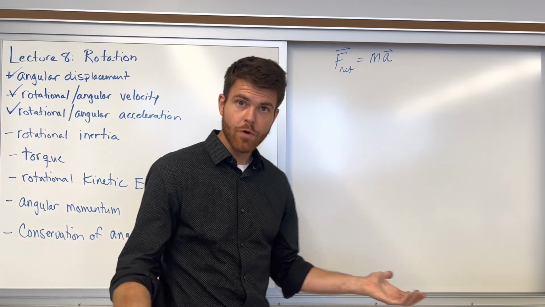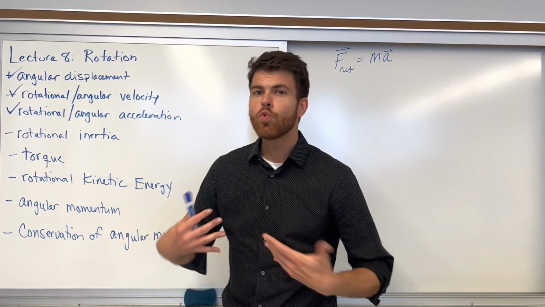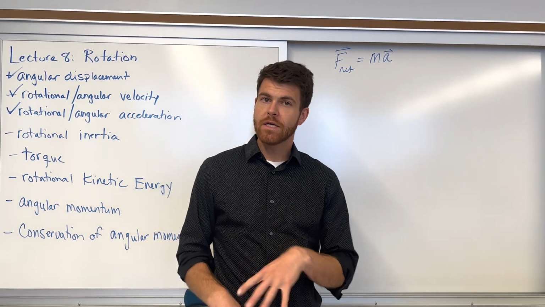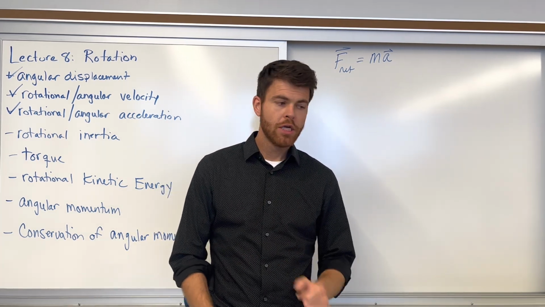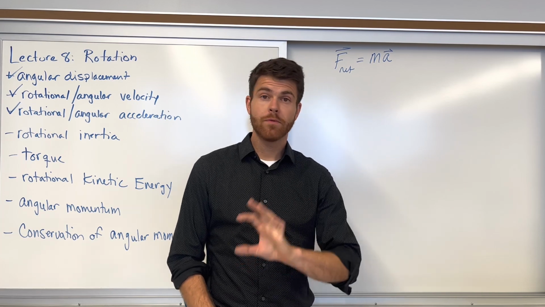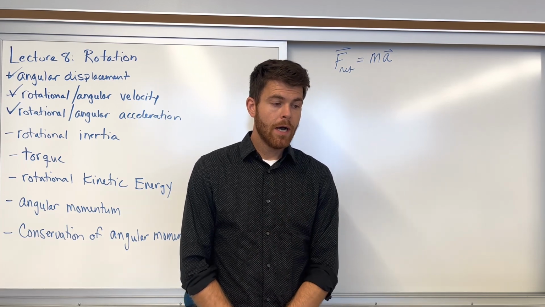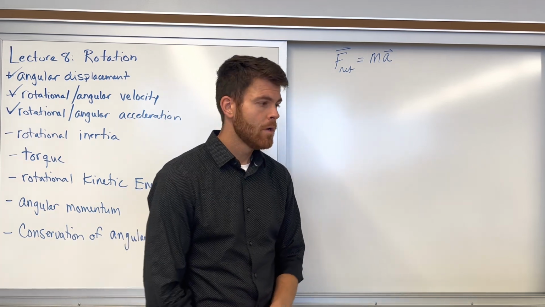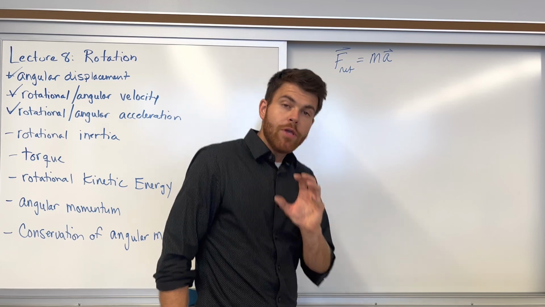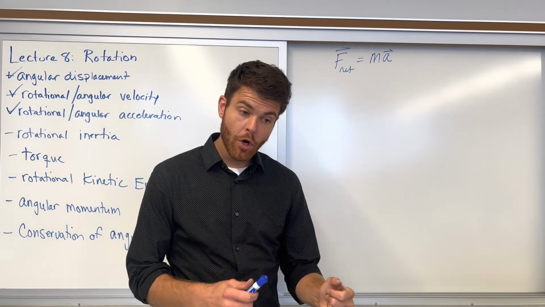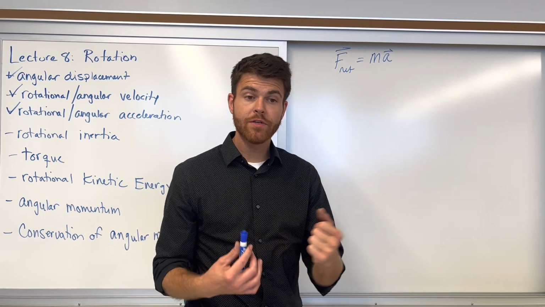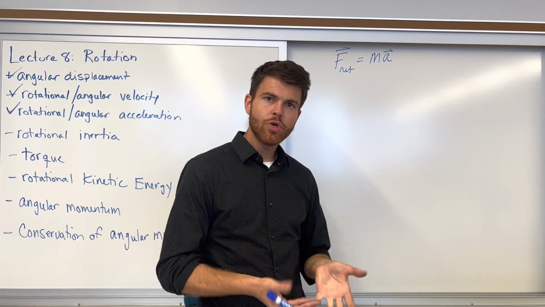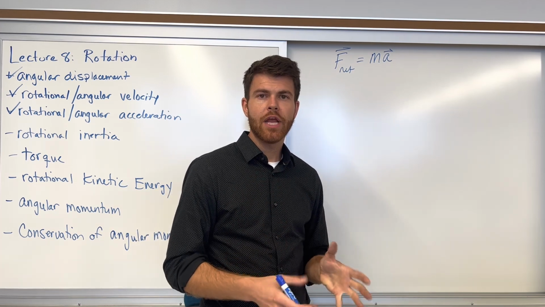And if an object is rotating about an axis, it's going to want to continue rotating about that axis at a constant speed, because the object has mass, it has inertia. So Newton's first law of motion applies to rotation, just like it does for translation. As does Newton's second law, right? If it's going to start rotating if it's at rest, or if it's going to speed up or slow down if it is already rotating, that means something has to cause that change.